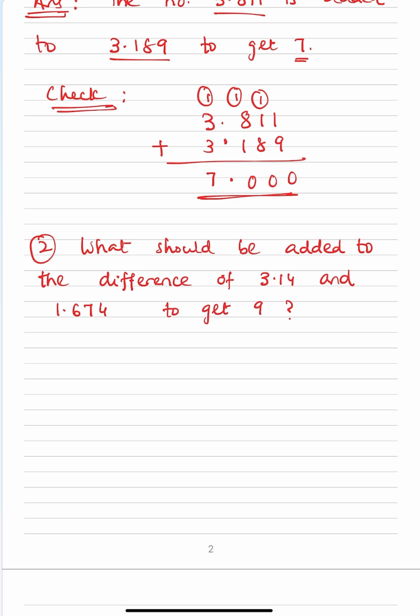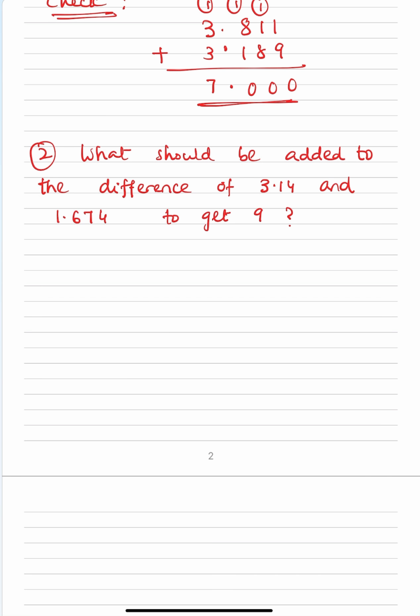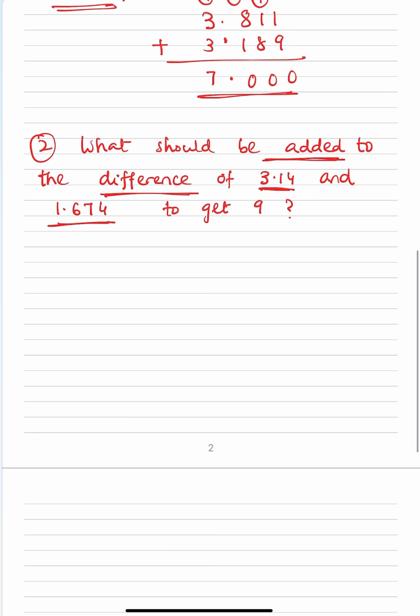So the meaning of this statement, what is the sum telling us? That we have to add a number, we will suppose a number and that number should be added to the difference of 3.14 and 1.674, where we get 9. Okay, so first what will we do?